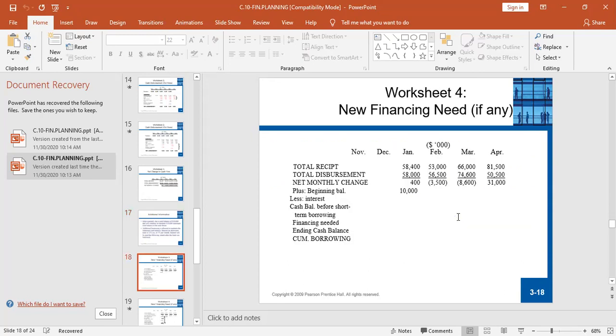Okay, I want to show you this. For the cash reconciliation, you need to add the beginning balance, then minus the interest if there is any interest on the short-term borrowing, and then you will get the cash balance.